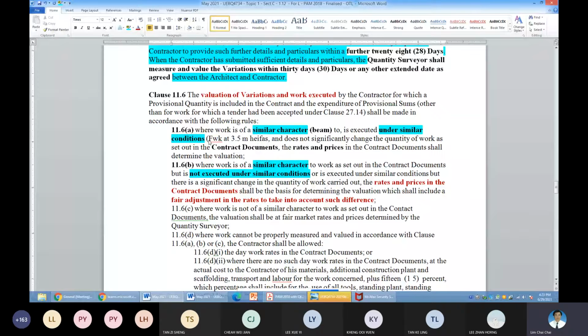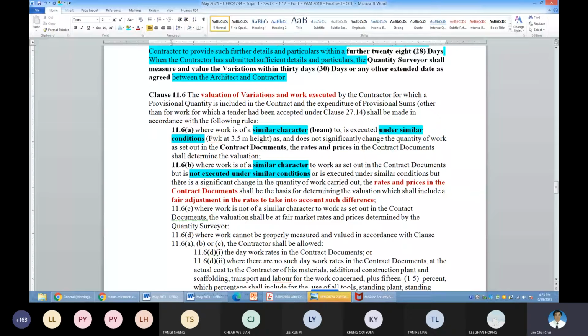So your formwork is at 3.5 meter high. If you got a VO for a beam in another location and the height of the formwork is 3.5, then you must use the contract rate and price to pay for this additional beam to be cast elsewhere.